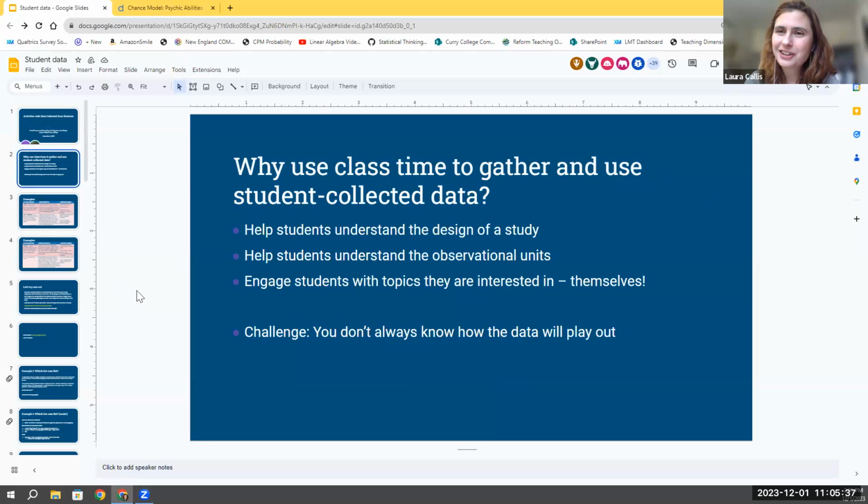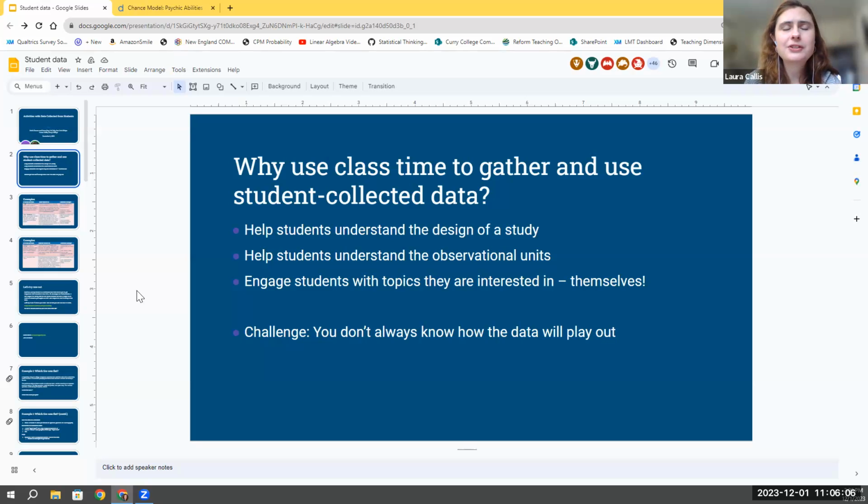I'm Laura Callis. I teach at Curry College. We're a small school south of Boston, and we have a wide range of students with math backgrounds, and I teach introductory statistics, so almost everybody at the school takes it. I use class time to gather and use student data because I've found it helps students understand the design of the study, so that when we're unpacking a study and they're making conclusions, if they've gone through a mini version of it themselves, they're actually making conclusions that have to do with the design of the study.